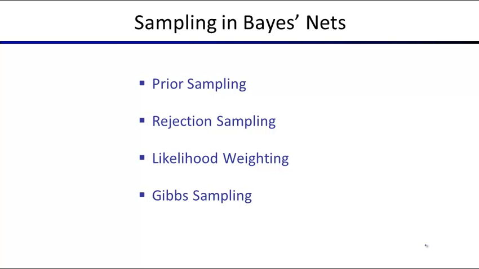Let's say a base net that looks like this. Very deep. And you have some evidence variable down here. And maybe there's a couple of those.